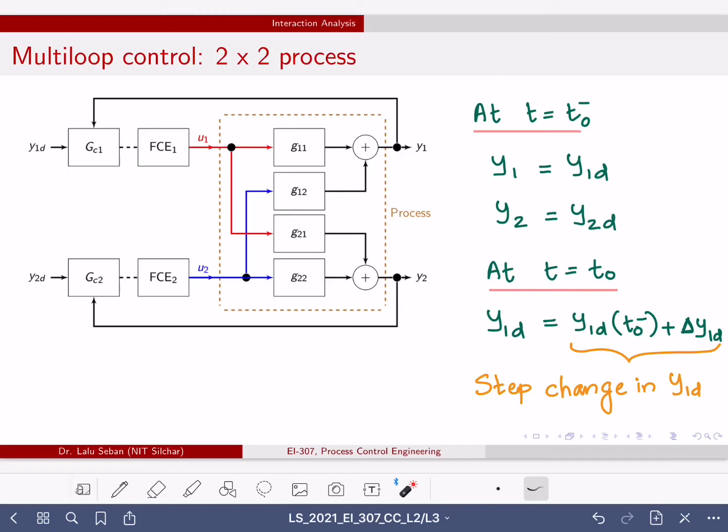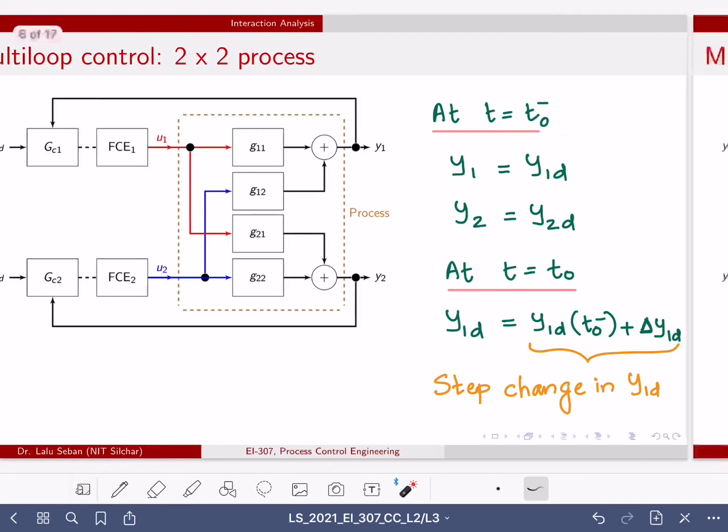We know that the output y1 is equal to y1 desired. Now y1 desired becomes the previous value plus some particular step change. So definitely there will be an error between the present value of y1 desired and y1. Now how will our controller act to suppress this error?